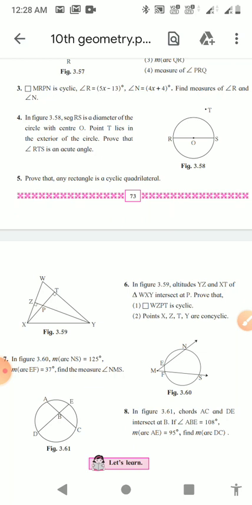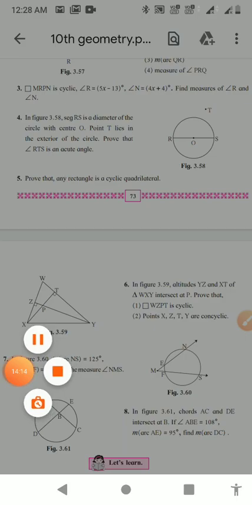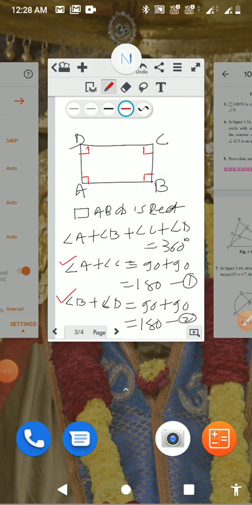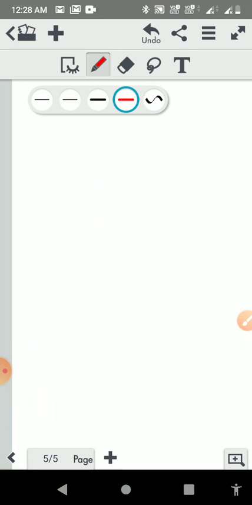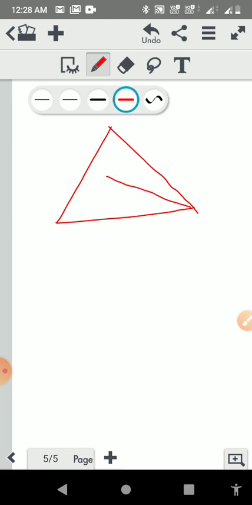We will just redraw this diagram here on the next page. So this type of triangle is given here and these two altitudes are drawn here. This is your first altitude XT and this is your second altitude ZY, and this W is given.